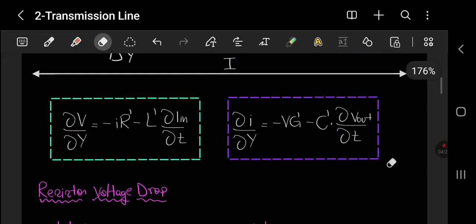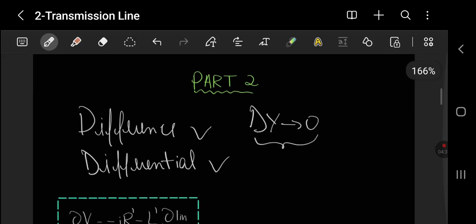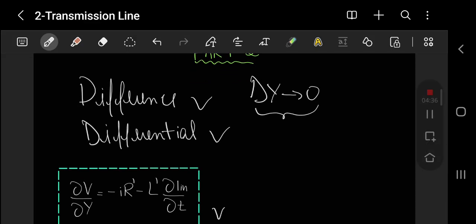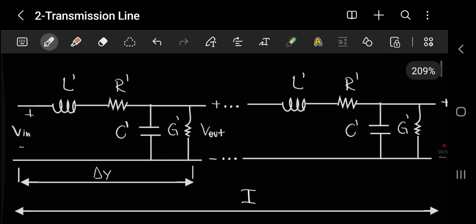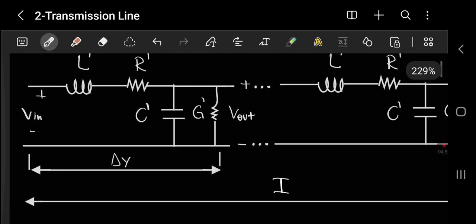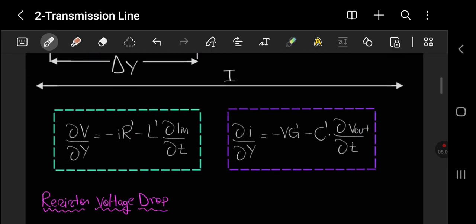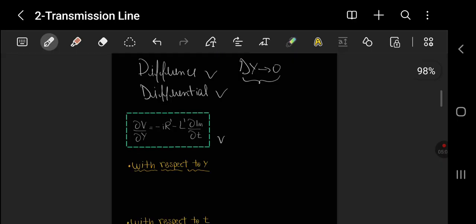We worked these equations, taking this into consideration in the first video, replacing differences by differentials. And this way we are capable of writing these equations for a given signal on the infinitesimal section, taking delta y to 0.